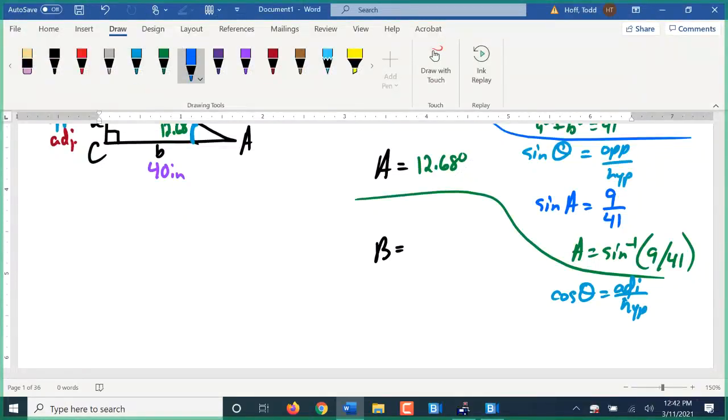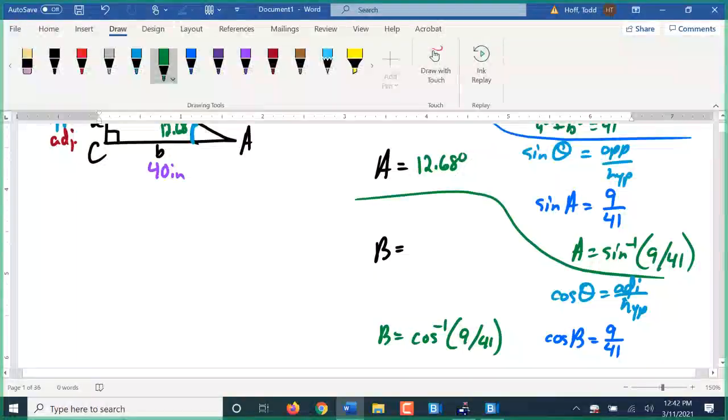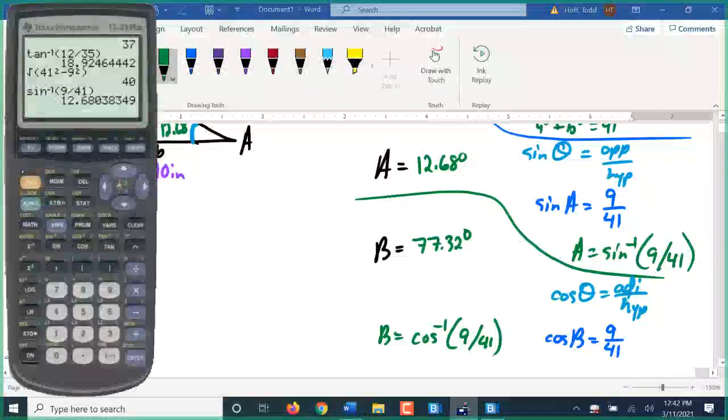So we'll plug in, it's going to be cosine of B equals 9 over 41. So B is equal to the inverse cosine of 9 divided by 41, which gives us 77.32 degrees.